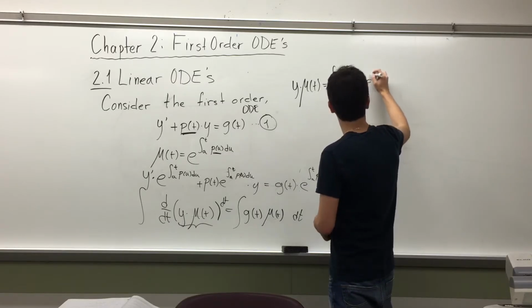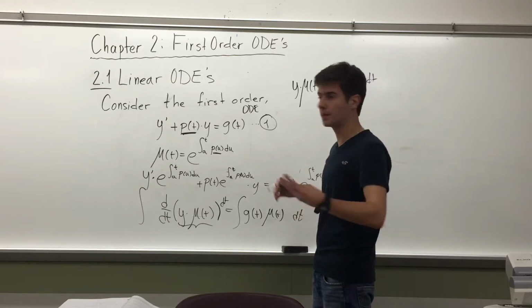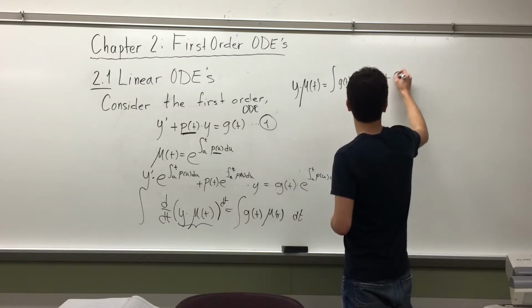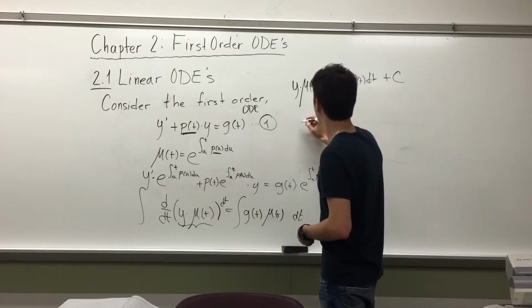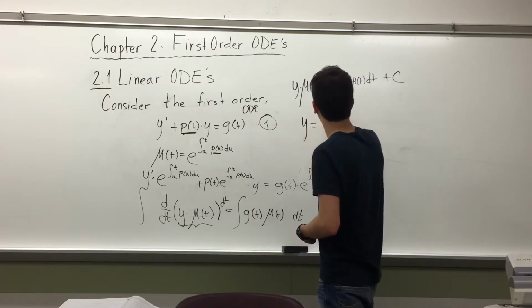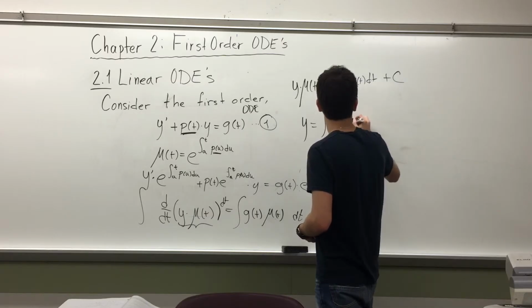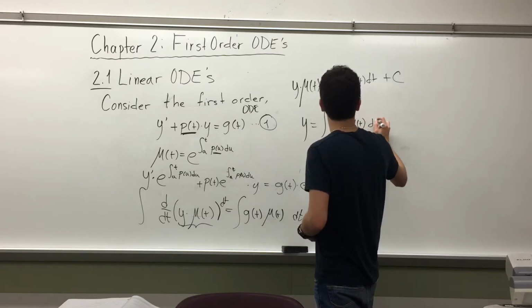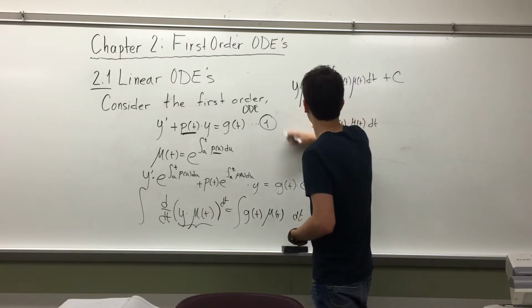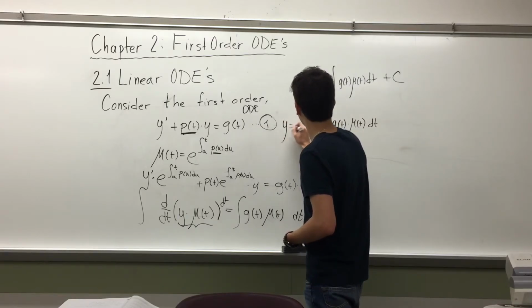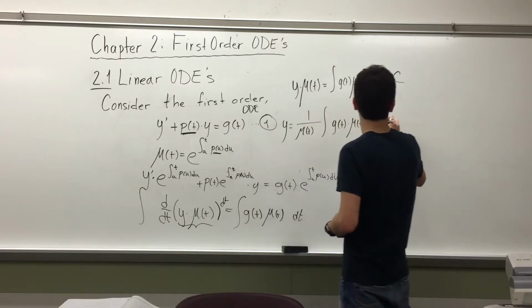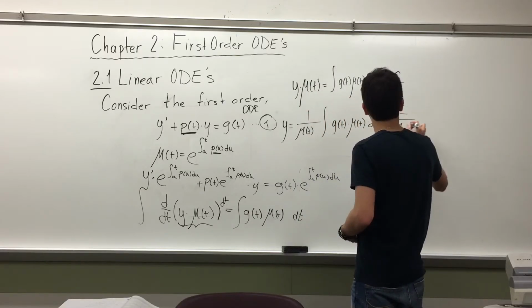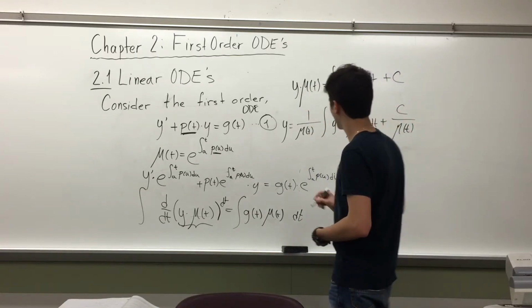And when we compute this integral, a constant is going to appear. Then ultimately, when we solve, we're going to have y equals 1 over mu of t times the integral of g of t times mu of t dt, plus c over mu of t.